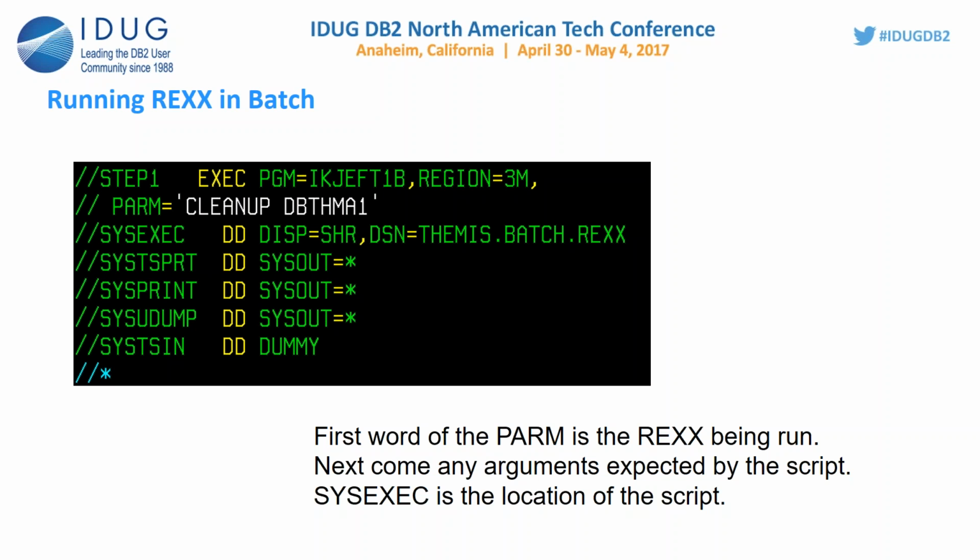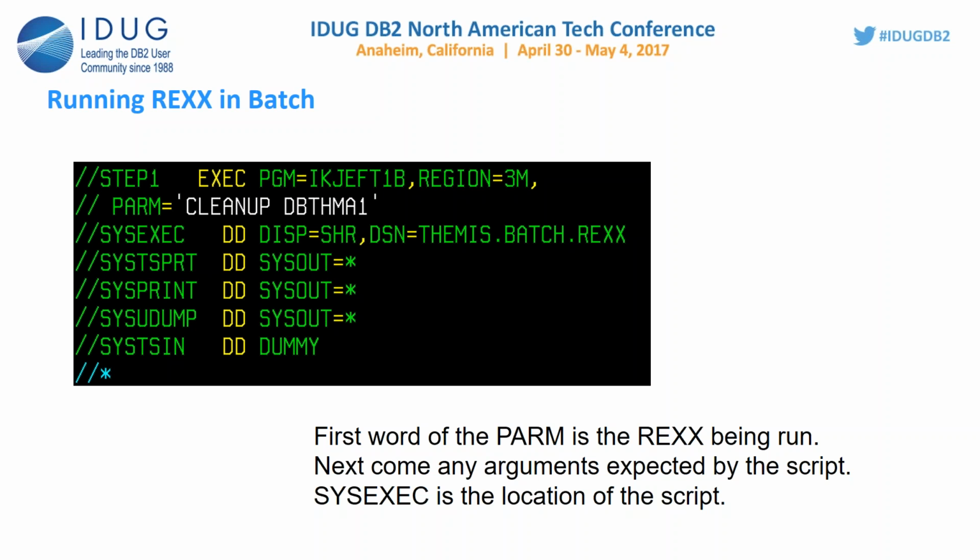So I wrote this cleanup script that I run in batch, and you can see here one of the ways to run REXX in batch is to just invoke a TSO environment, right? IKJEFT1B in this case. Just build a TSO environment and then invoke REXX via that TSO in your batch environment. So here I'm invoking a script called cleanup and I'm giving it an ID.